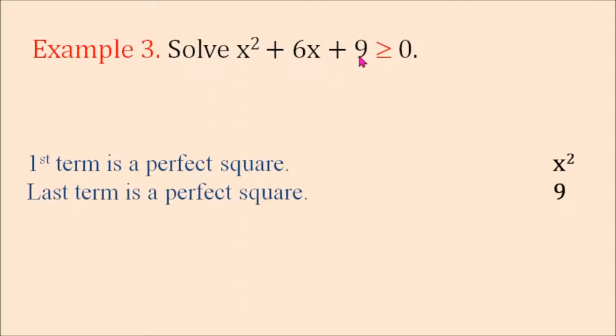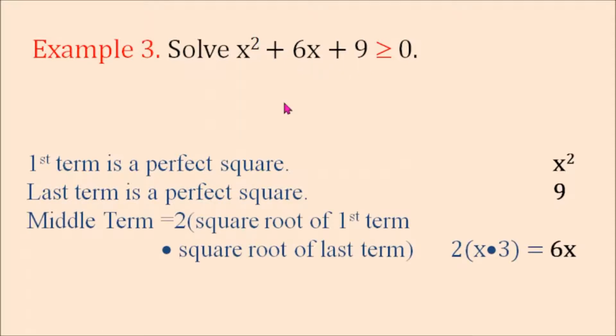Our last term 9 is also a perfect square. And our middle term is twice the square root of the first term times the square root of the last term. So the square root of the first term is x, the square root of the last term is 3, so we have 2 times x times 3 equals 6x.